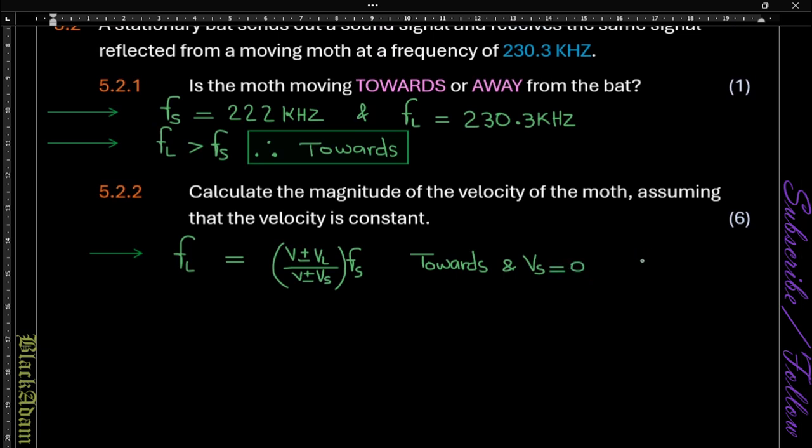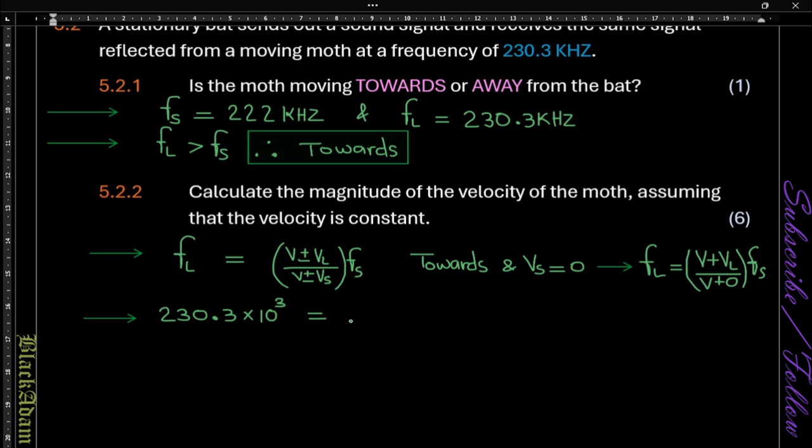Coming there, the velocity is 0, and then we know that the frequency of the listener is v plus vL over v, multiplied by the frequency of the source. We calculated v there. The frequency of the listener is 230 kilohertz, so that gives us 230.3 multiplied by 10 to the power 3 for kilo.